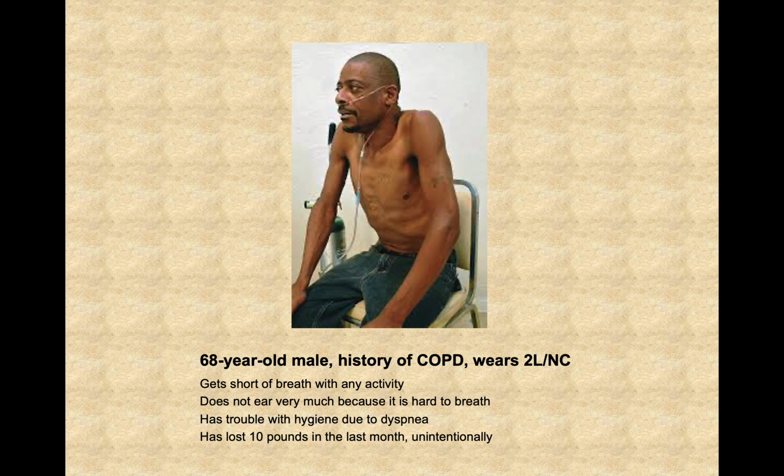So looking for things like redness and that kind of thing. Another thing that I am concerned about with this patient is the fact that he's doing what we call tripoding. You see how he's leaning forward so that he can expand the area in which his chest can expand and take in volume so he can oxygenate, ventilate better.